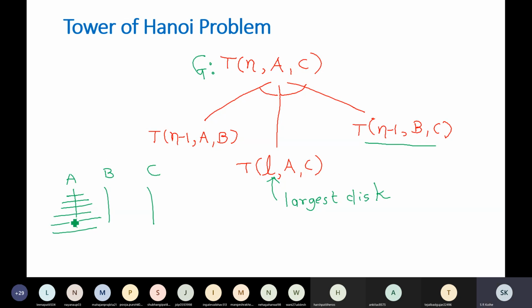Now what we are saying, that the largest disk should be on C. This largest one should be on pole C. This step you will have to perform, that means this one.